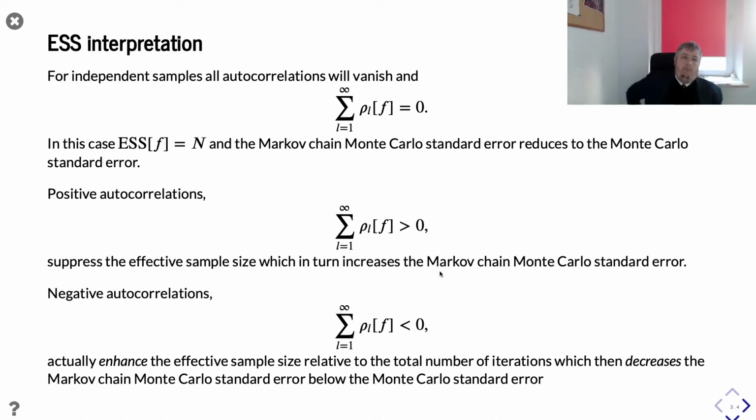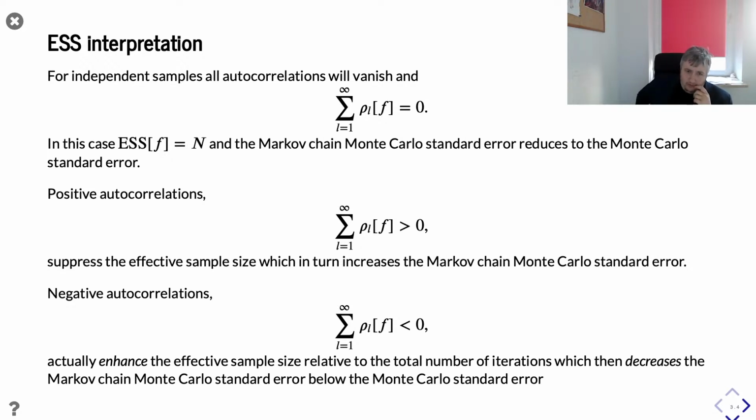And of course, as I mentioned, if all samples are independent, then autocorrelation will vanish and effective sample size is equal to n. If autocorrelations are positive, then unfortunately effective sample size will be smaller than n, and that will increase the Monte Carlo standard error. That really means that Markov chains that have difficulty exploring the distribution can lead to less reliable estimators.